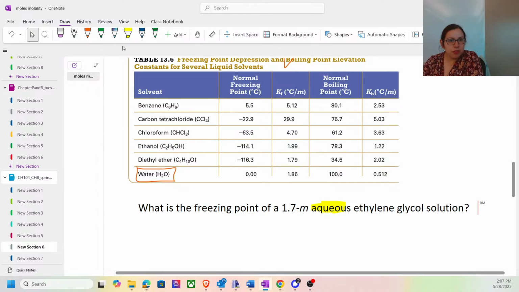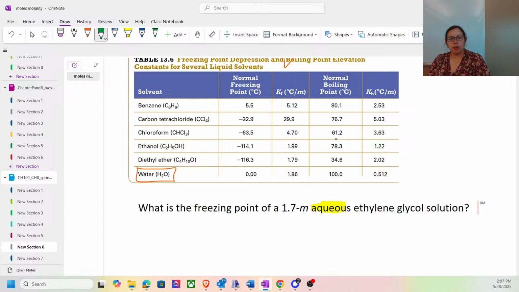So in the interest of time, I'll just start going over it. Go off of your Kf here. Our formula is: our change in temperature is equal to our Kf times our molality. We can get that from our units here.